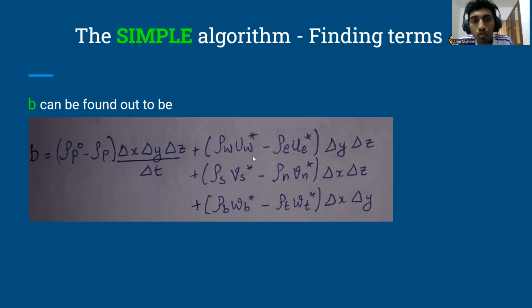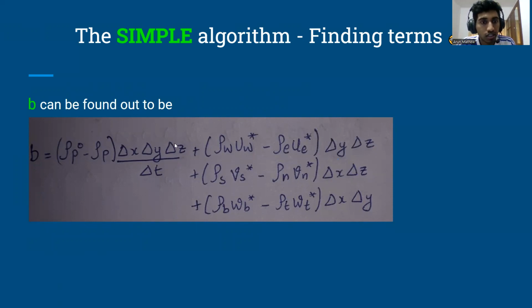By taking a close look at this equation, we can see that this shows the net flow rate in minus out in the x direction, this shows the net flow rate in minus out in the y direction, and this shows the net flow rate in minus out in the z direction.